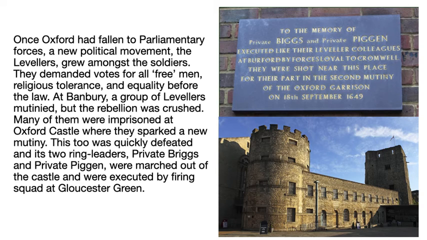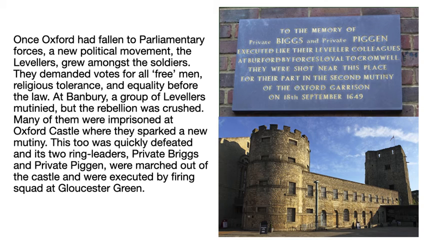Now, you may have been to Oxford Castle before. It's in the heart of Oxford. If you look at the big hill in the centre of Oxford, the castle has been used not only as a castle but as a prison, and that's what it was used as in the Civil War as well.